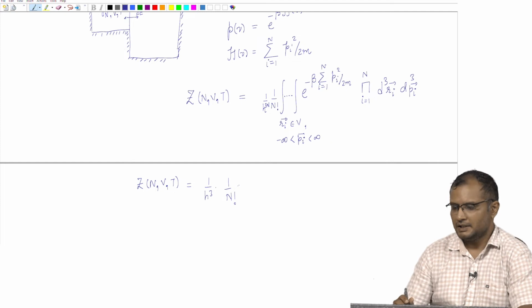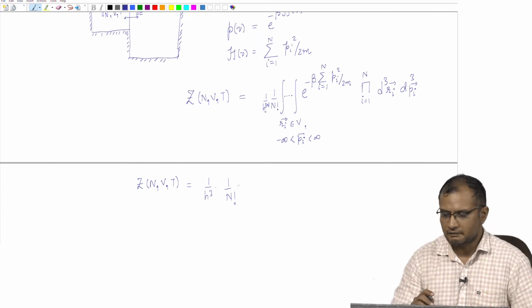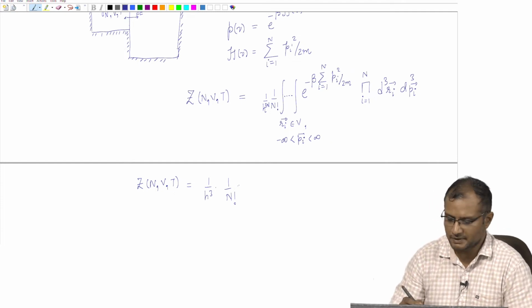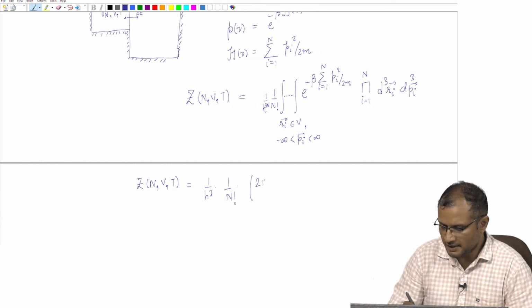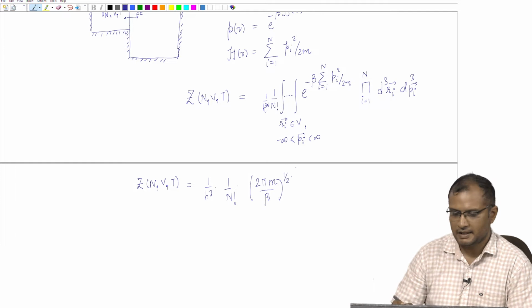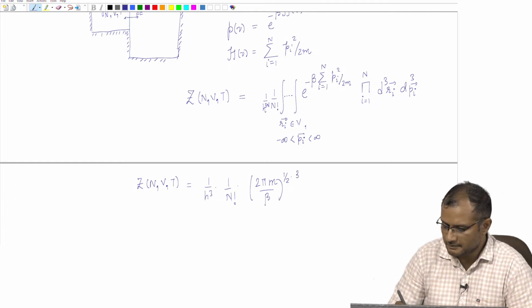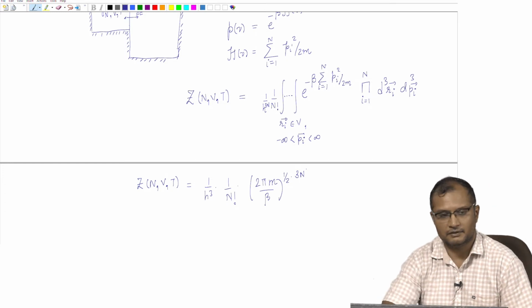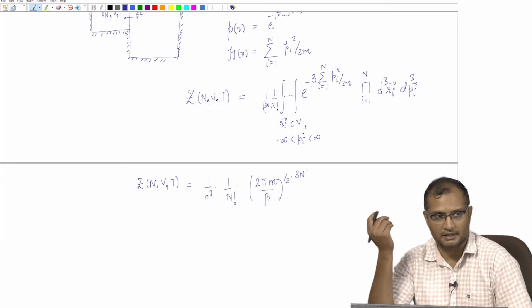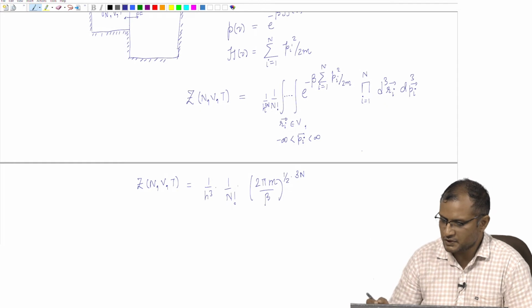Each momentum coordinate when integrated will give me (2πm/β) to the power half, and since I have 3n of them, I should get another power of 3n. Okay. So, this p squared by 2m.